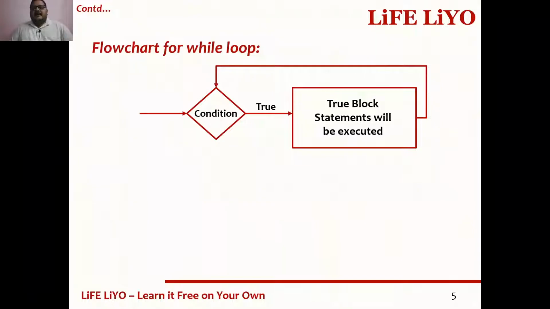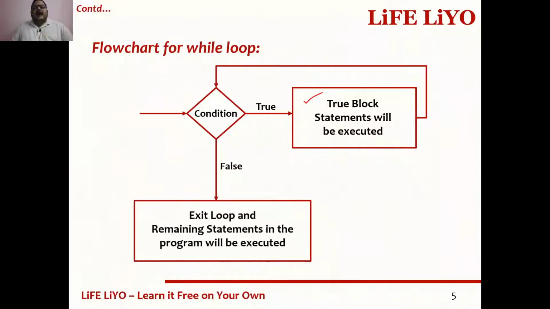If true, the true block statements are executed again, and it goes back to the condition. Like that, the condition is verified after every execution of the true block statements. Whenever the condition becomes false, it exits the loop and the remaining statements in the program will be executed.